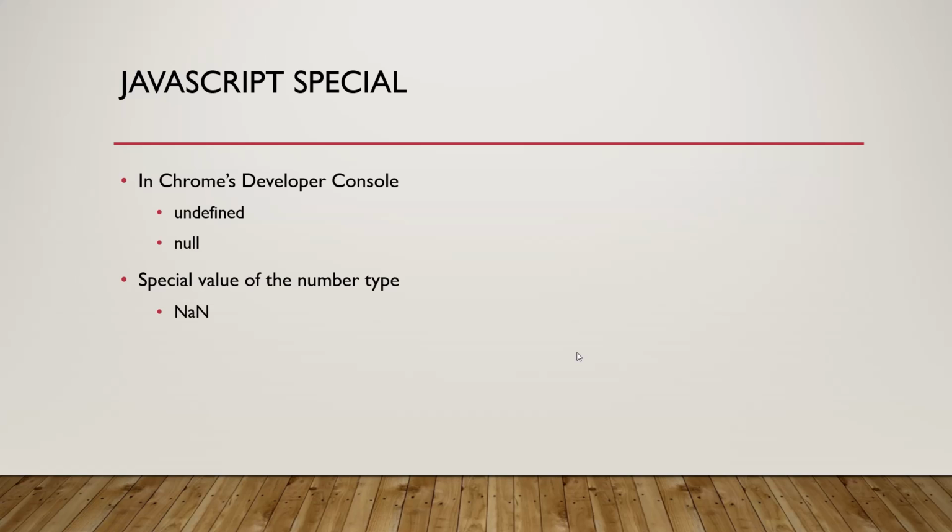Then we looked at the special value of the number type, not a number, which you get when you try to do an invalid numeric operation in JavaScript, either parse a string that doesn't parse into a number or do an invalid arithmetic operation. So special value for the number type, it's still a number type, not a number.